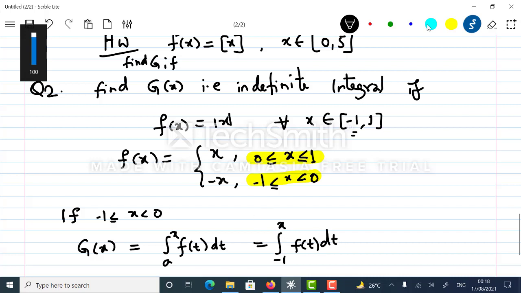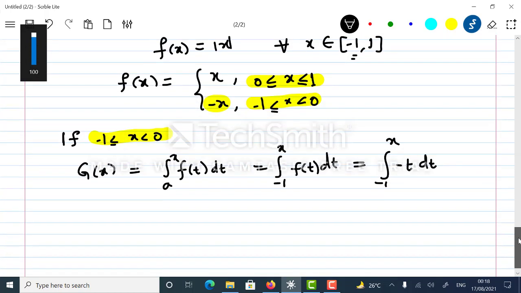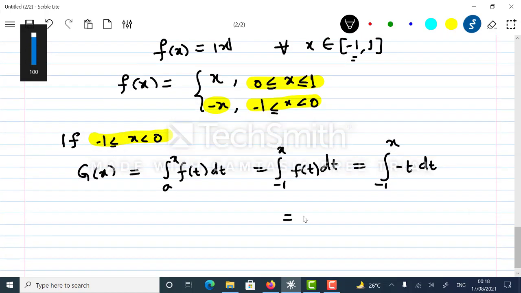Now x is between -1 to 0, and in that case my f of x is minus x. But I want f of t, so instead of x we will write t. So from -1 to x, it is minus t dt. And the integration of minus t will be minus t square by 2, from -1 to x.